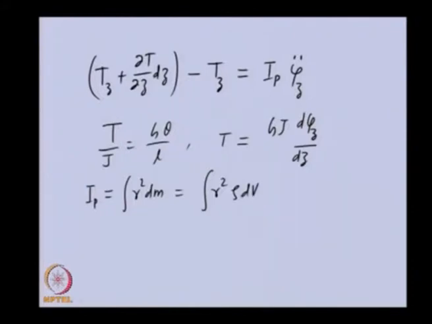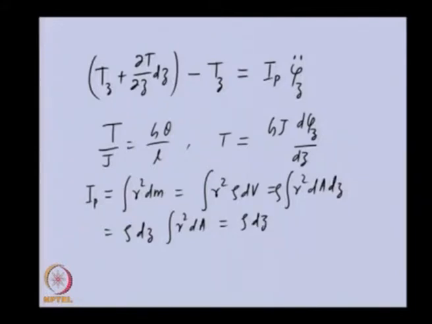So this is the mass, and then we can write this as area times dz, and rho we can take outside, and this can be simplified as rho dz times the integral of r square dA, and r square dA is nothing but J, the polar moment of inertia of the shaft, which is given as J equal to pi by 32 d to the power 4 for a circular shaft.